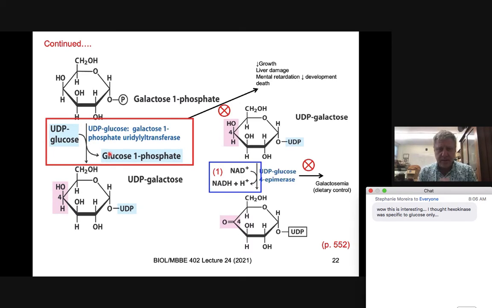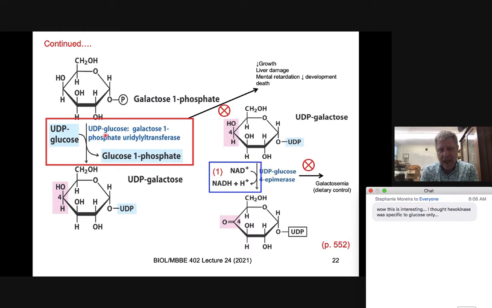Now, this UDP galactose can also be cycled back, and we'll have a look at that in a second. But I want to emphasize that we're going to see problems with this particular system if we don't have this UDP glucose transferase enzyme, the galactose 1-phosphate uridyl transferase enzyme.